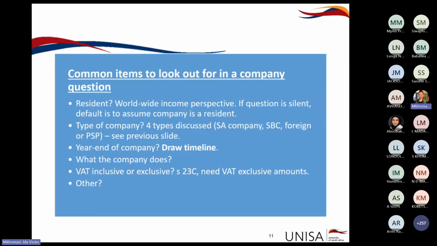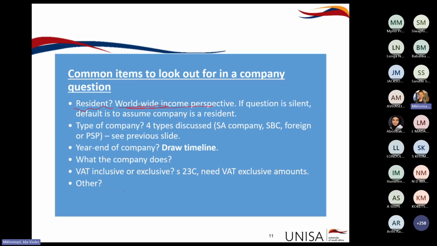The first one that I have is the resident or residency of a company. And maybe not just company, because this applies to an individual as well, or any other taxpayer. When you know whether a taxpayer is a resident for tax purposes or not, if they are a resident, it means that you are looking at it from a worldwide income perspective.